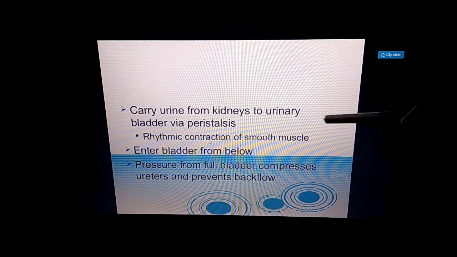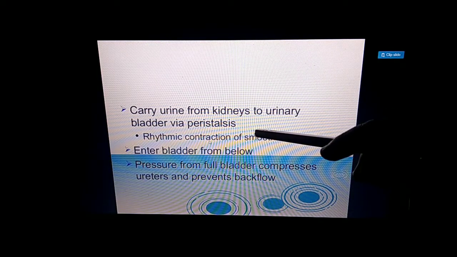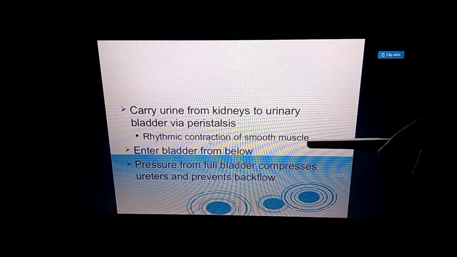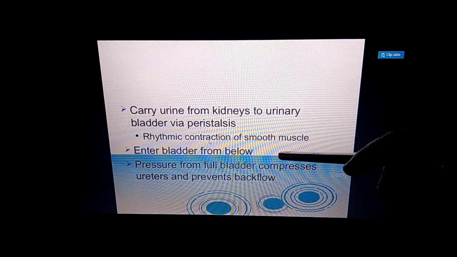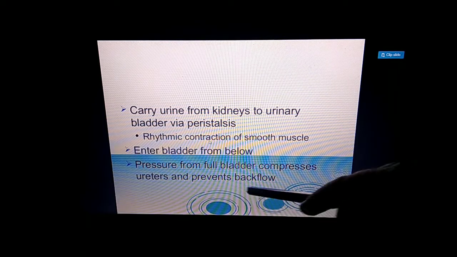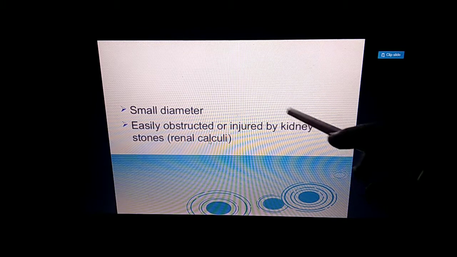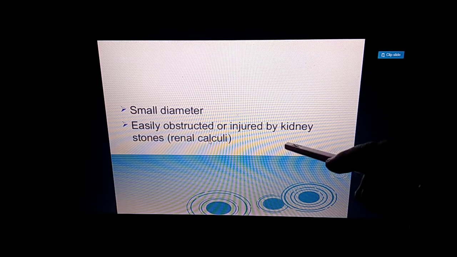The ureters carry urine from kidney to urinary bladder via peristalsis, rhythmic contraction of smooth muscles. They enter the bladder from below. Pressure from a full bladder compresses the ureters and prevents backflow. They are small in diameter, easily obstructed or injured by kidney stones, that is renal calculi.